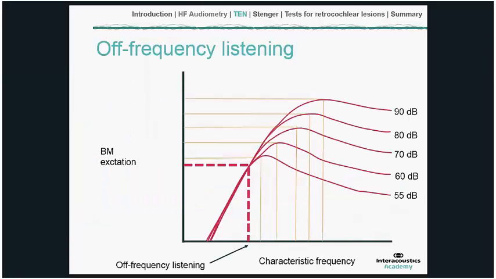And if we study that pattern using this chart here, then we can hopefully pick up the concept of off-frequency listening. What we have on the x-axis here is frequency. From left to right we're increasing, so this is characteristic frequency. And on the y-axis we have the extent of activation on the basilar membrane. So this is the envelope similar to what we were just looking at there.